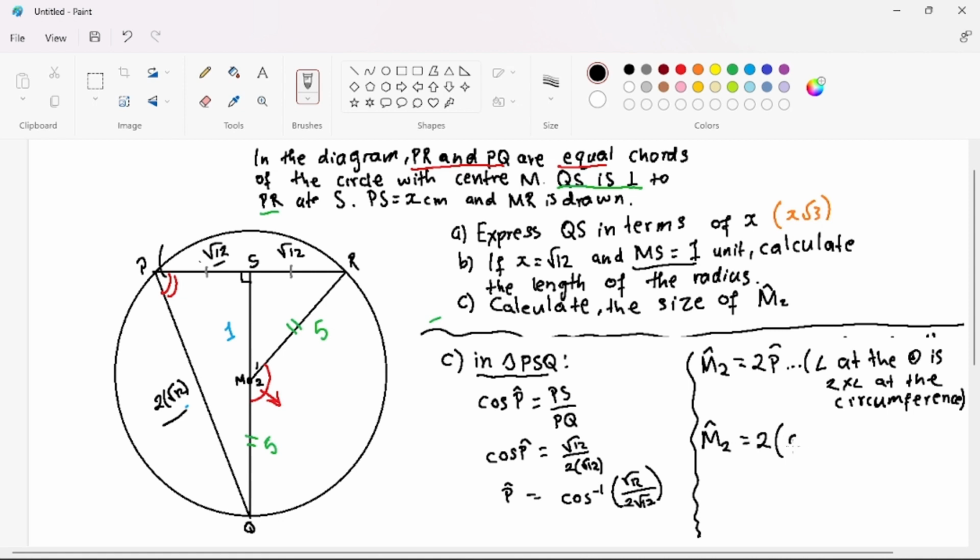So you are going to say 2 multiplied by arc cos, let me introduce square brackets here, arc cos of root 12 over 2 root 12. And then you simply punch this on your calculator, and you collect all the marks. So our answer, guys, is going to be 120 degrees.